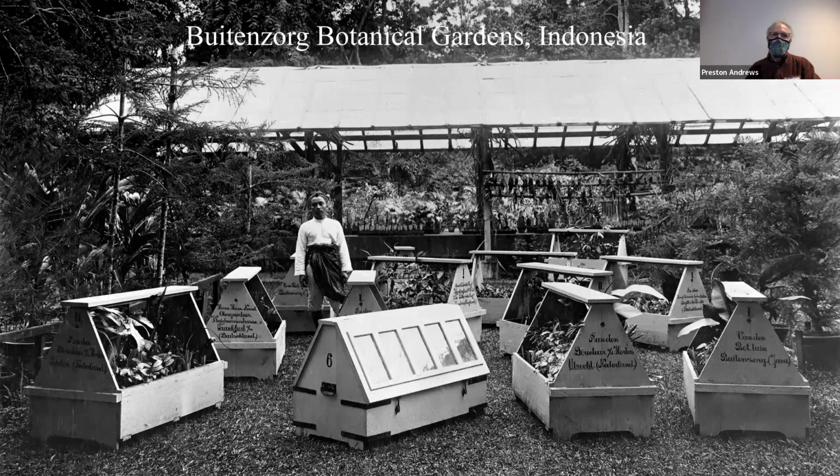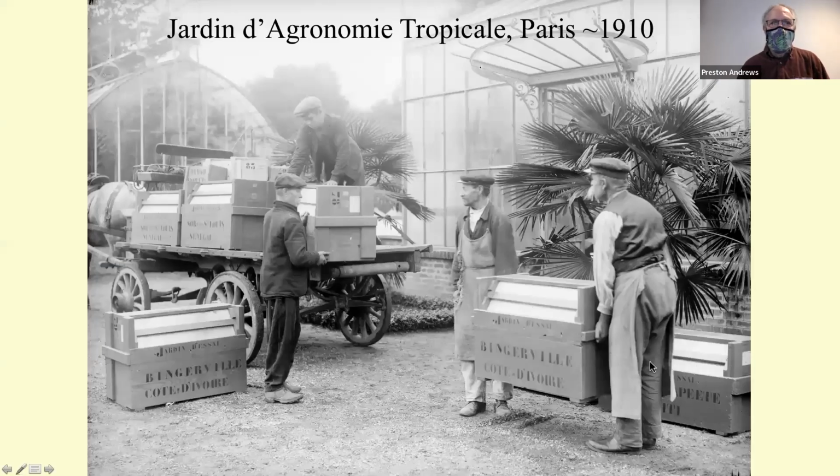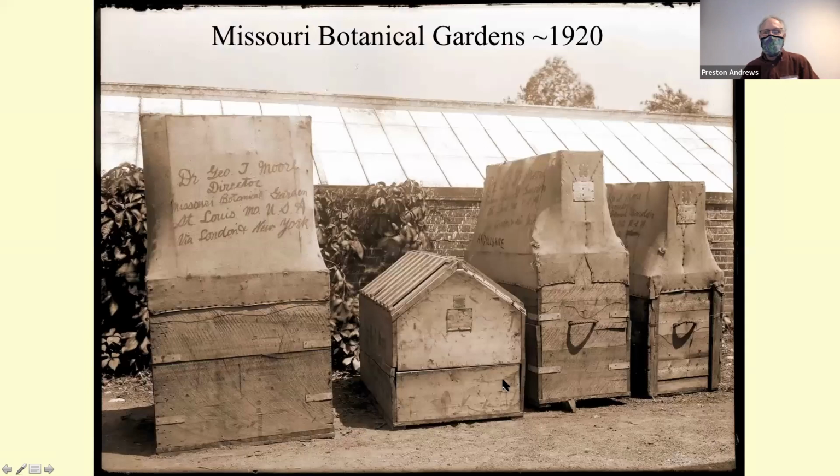Here's where you really see the colonization effect of European nations. This was the Dutch East Indies in Indonesia, and here are Wardian cases there. Here is the Garden of Tropical Agriculture in Paris in 1910. Here's the Missouri Botanical Garden.